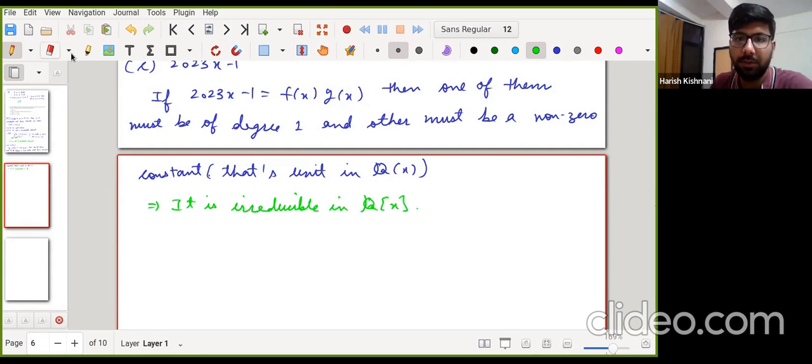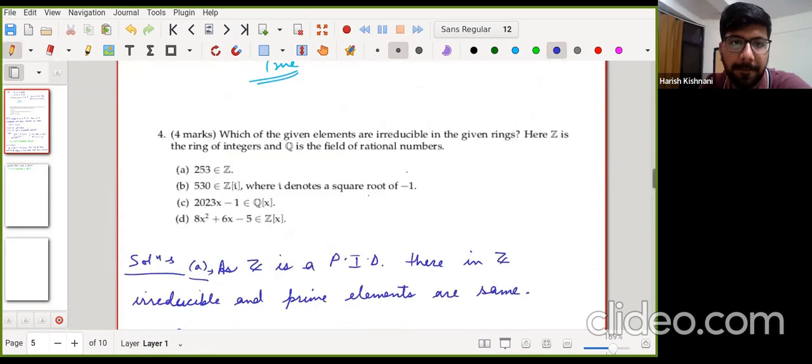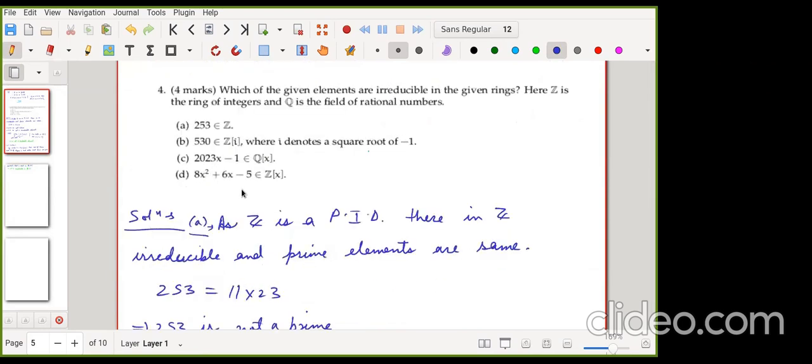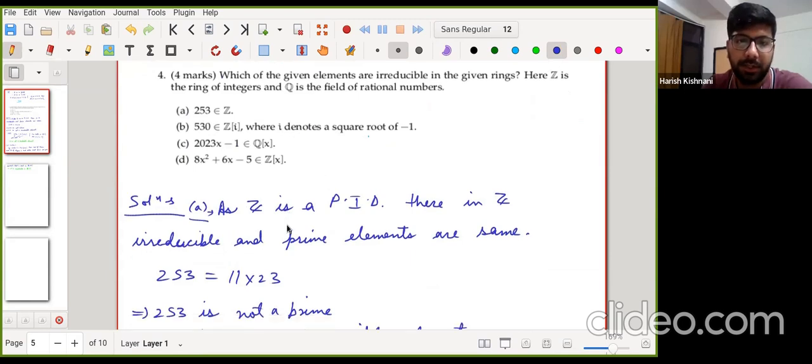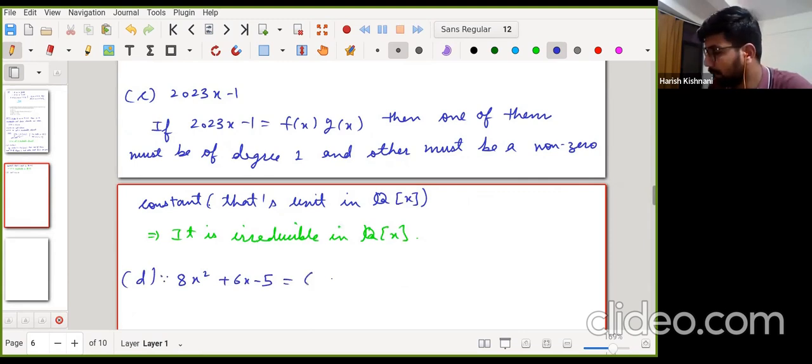Yes. What about the fourth one? It is factorizable with integer coefficients. 2x minus 1 into 4x plus 5. Yes. So it is factorizable with integer coefficients. So D is 8x squared plus 6x minus 5, you can write it as 4x plus 5 and 2x minus 1.